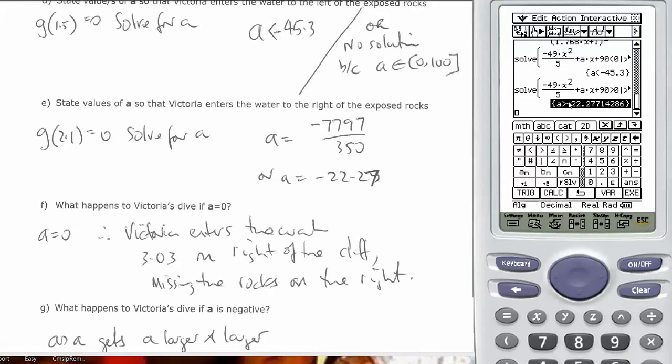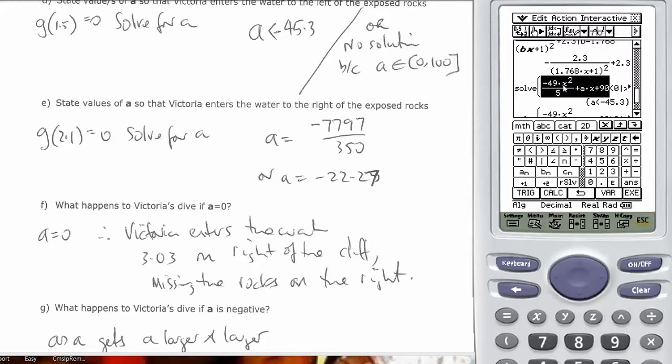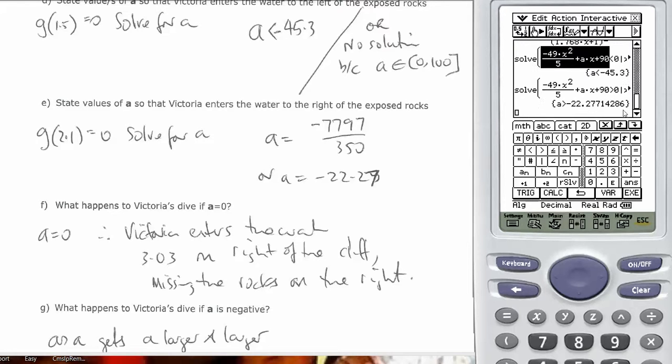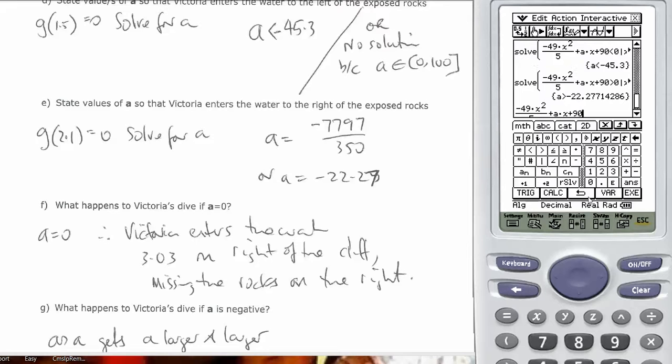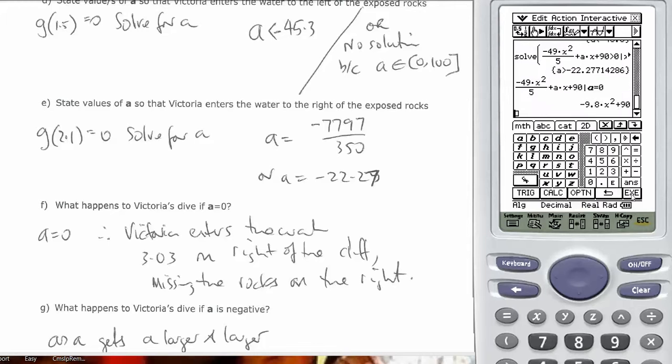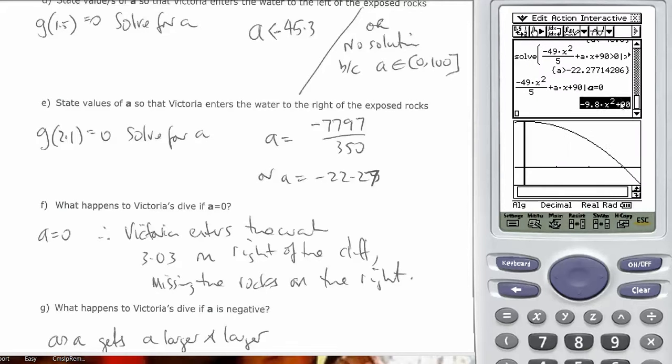What happens if a equals 0? Well, if a equals 0, if I take my expression, copy, paste, given a equals 0, and execute. There is my rule.